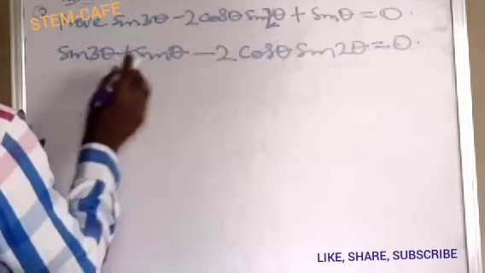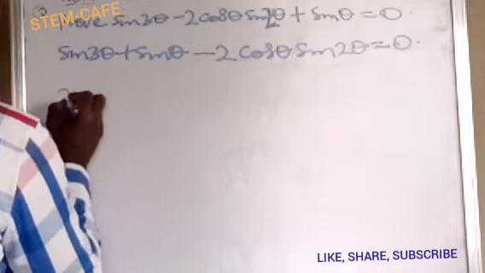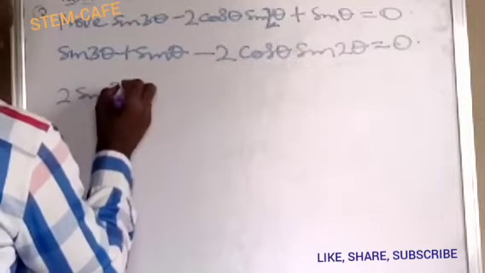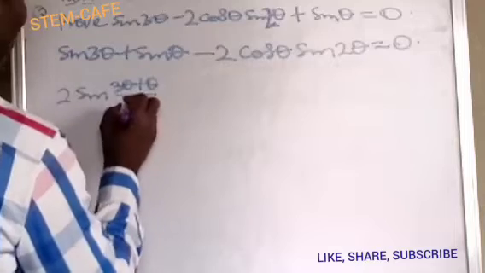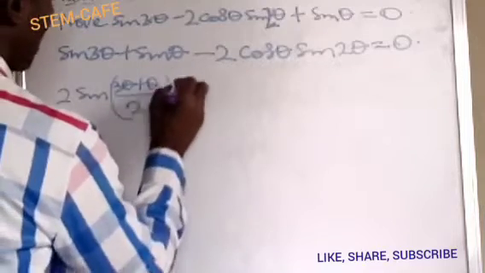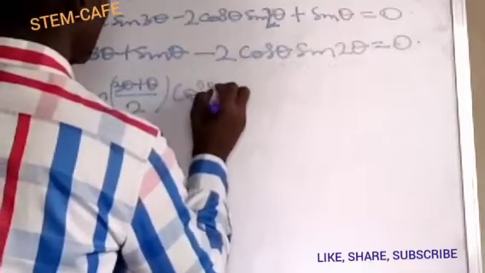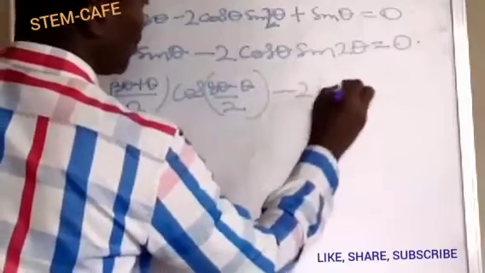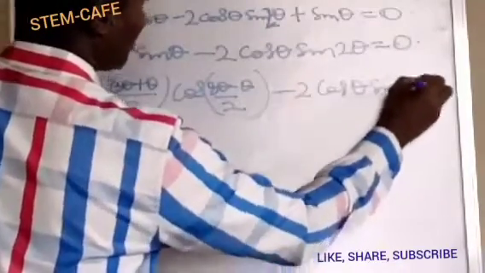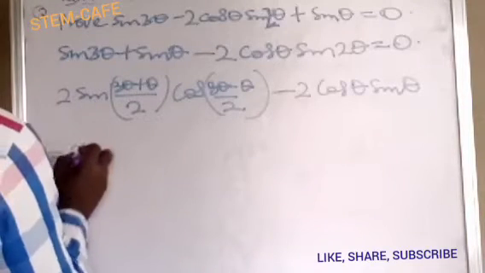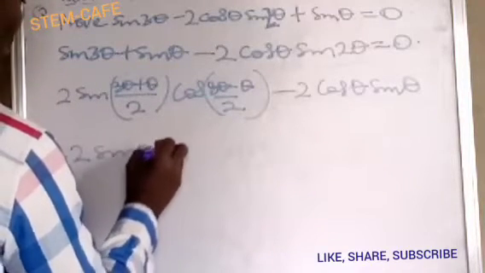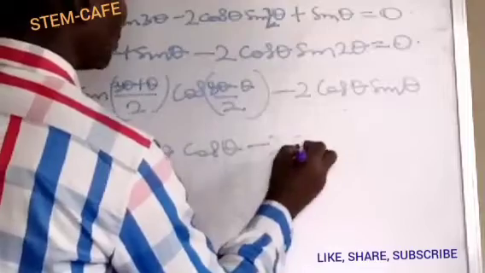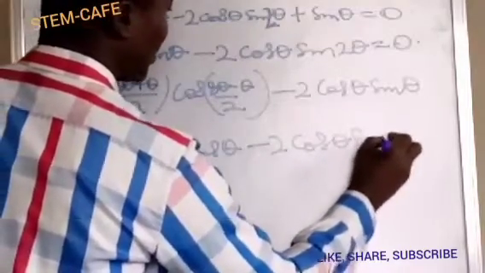It's going to give us 2 sine of 3 theta plus theta over 2, cos of 3 theta minus theta over 2, minus 2 cos theta sine 2 theta, which should be equal to 2 sine 2 theta cos theta minus 2 cos theta sine 2 theta.